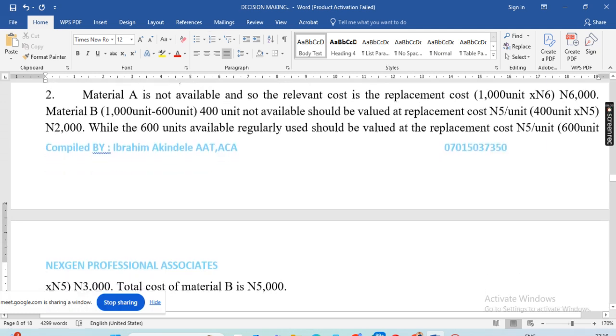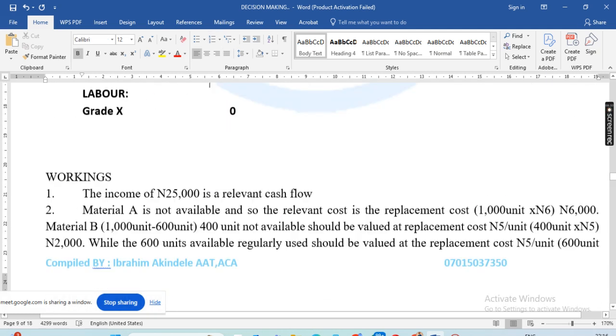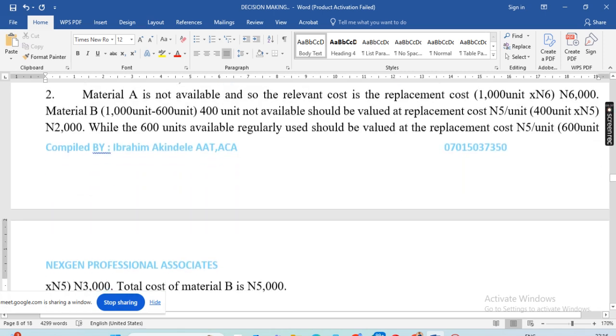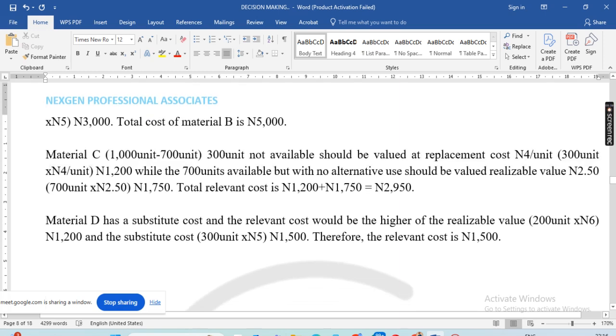Then you come back to the notes. Please always show the notes. Oh, please, I beg you, please show the notes. Note how you arrive at your answer. Show it. 3.